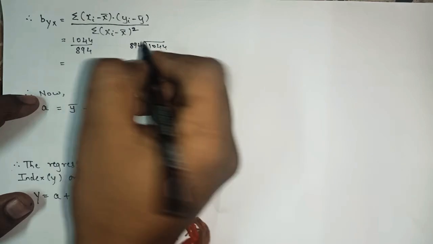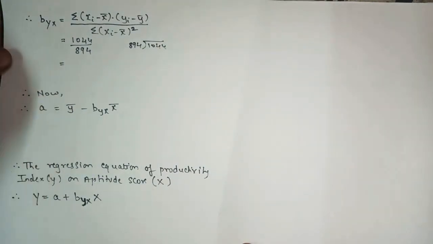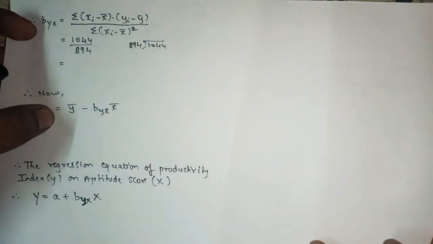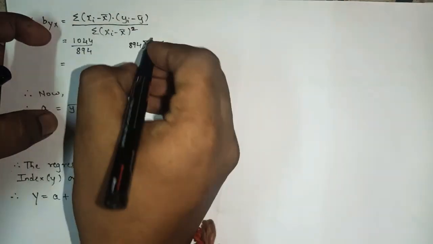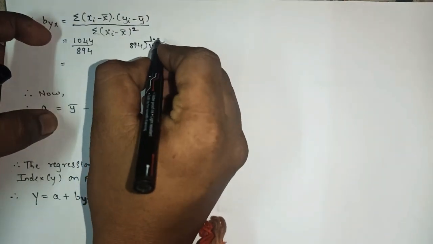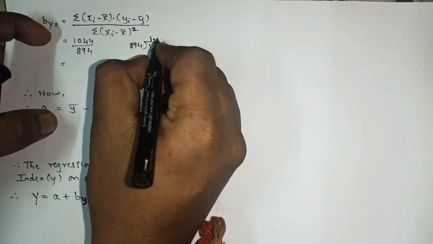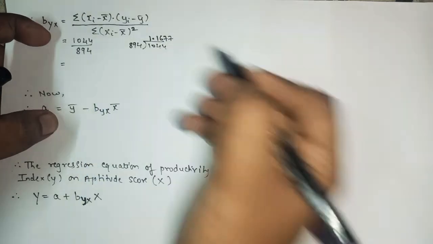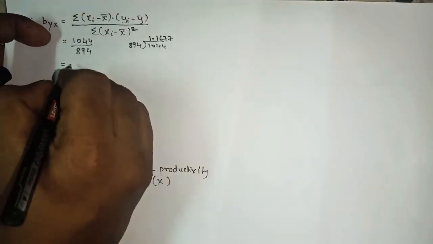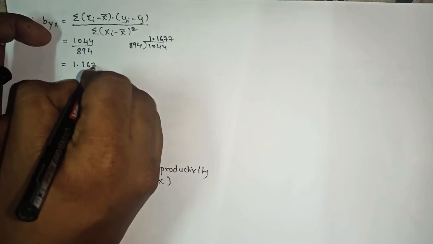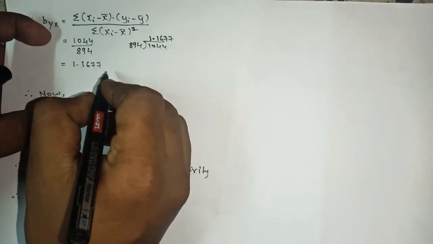So when you divide and check, please divide by yourself. Here I have the answer directly, I will write directly: 1.1677 is the answer.